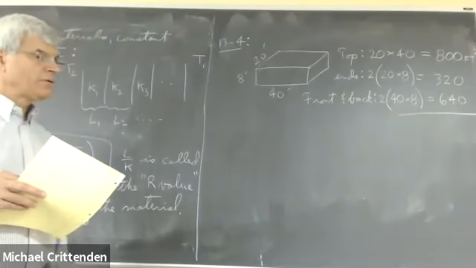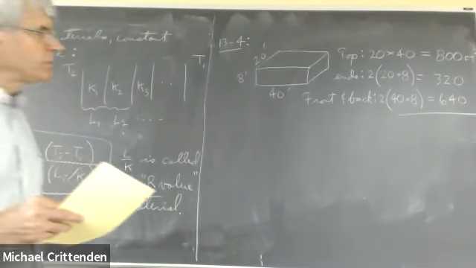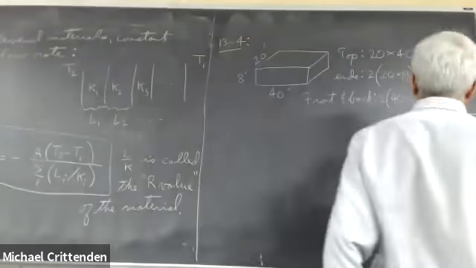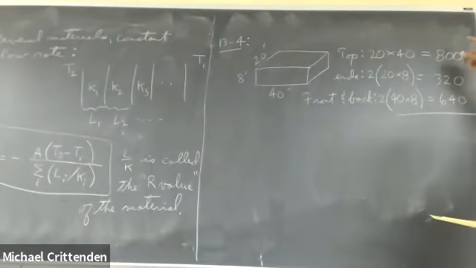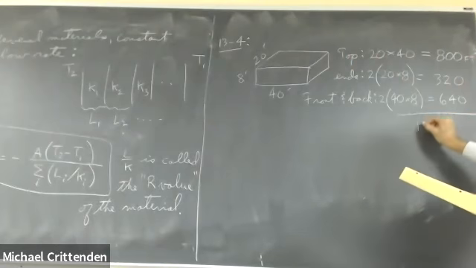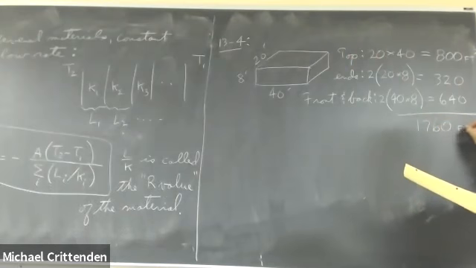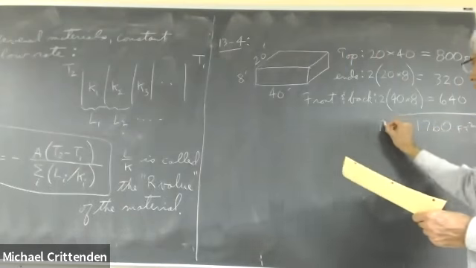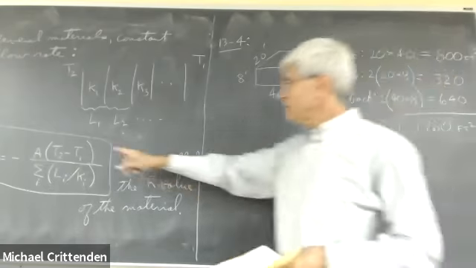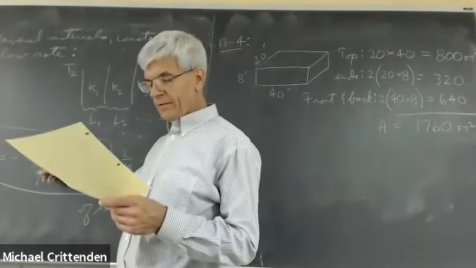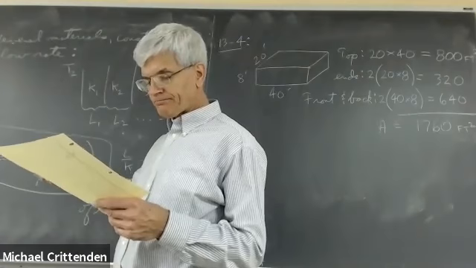The soil under the house is probably 40 or 50 degrees. So at least there's significantly less going out the bottom. So this is the total area that the heat is flowing through, 1,760. That's what goes into the formula for A, the area.